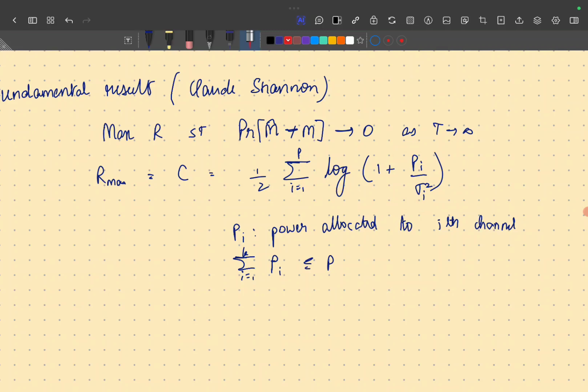I'm unnecessarily wasting power in the channels where there is too much noise. So it makes more sense to allocate more power to subchannels where noise variance is less, because they're cleaner. Over more noisy channels, I shouldn't be wasting too much power. Okay. Any other solutions?